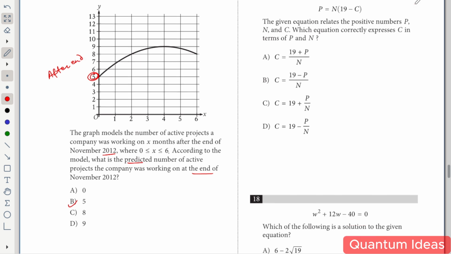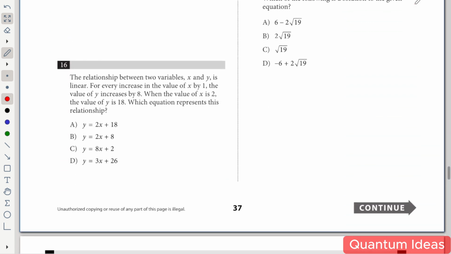Okay, so let's go to number 16. The relationship between two variables x and y is linear. For every increase in the value of x by 1, the value of y increases by 8. So the increase in y per unit change in x is basically our slope, right? That is the definition of slope, that is 8.